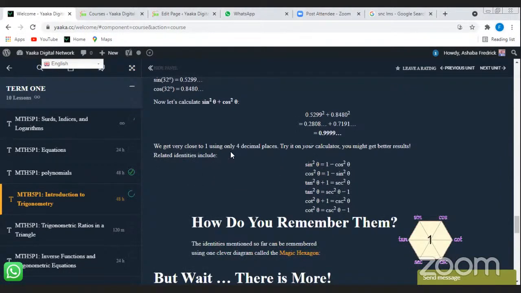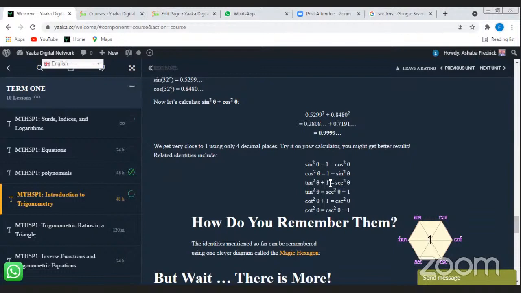So it is here, what we have proved. If we want the sine squared, it is 1 minus cos squared. If we take the first equation and make sine the subject of the formula, then cos squared can also be 1 minus sine squared theta.